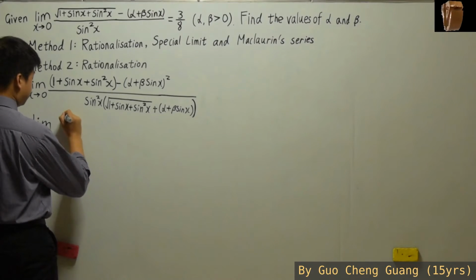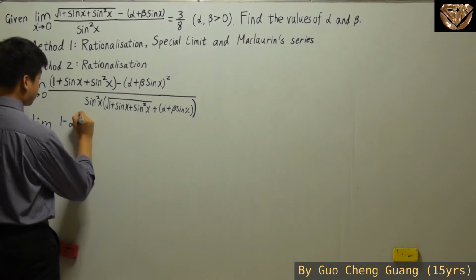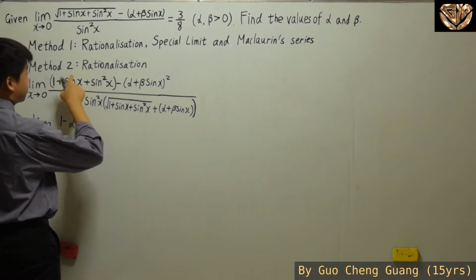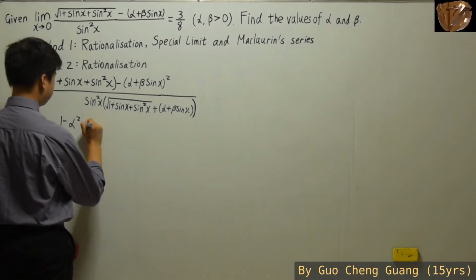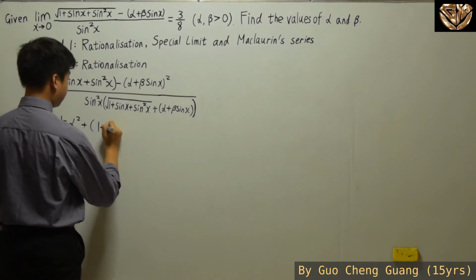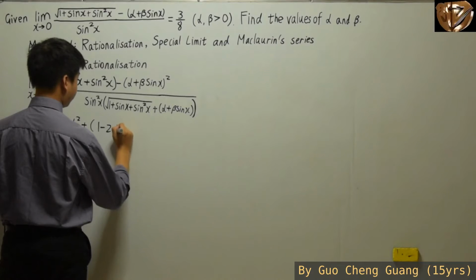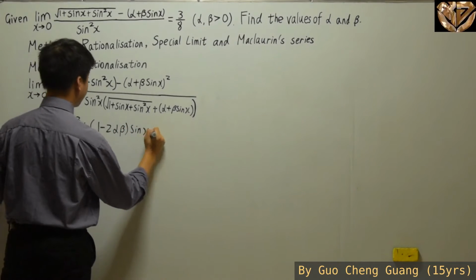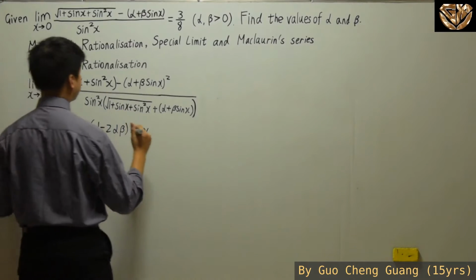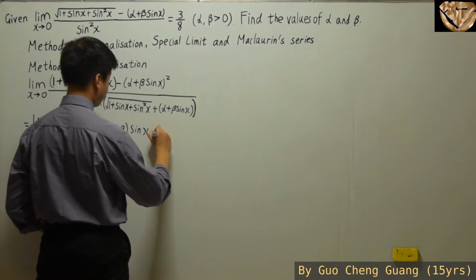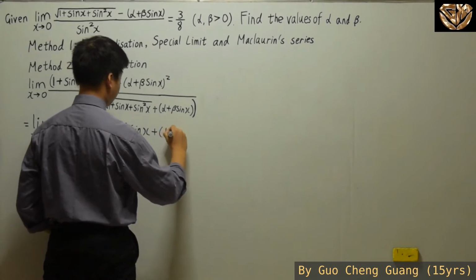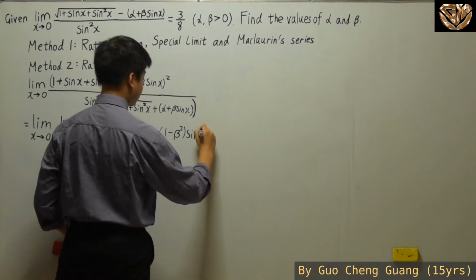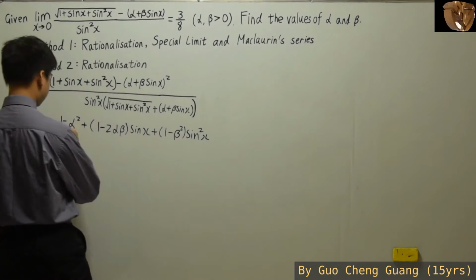By that, I mean the constants, which is 1 minus alpha squared, then the terms of sine x, which is 1 minus 2 alpha beta sine x, and the terms with sine square x, we're going to have plus 1 minus beta squared sine square x.